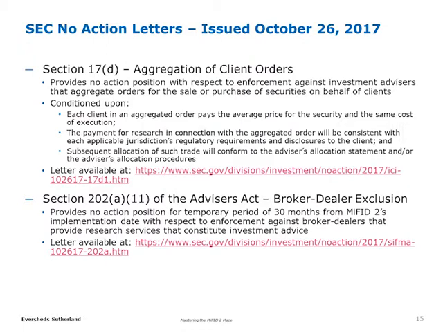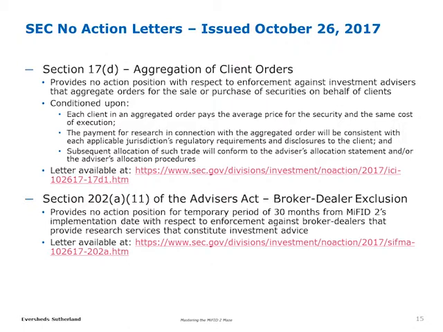The second letter that I will touch upon is the letter that was issued again to SIFMA and concerns whether U.S. broker-dealers would perhaps need to be registered as investment advisors here in the United States as a result of the changes in research payments brought forth by MiFID II.